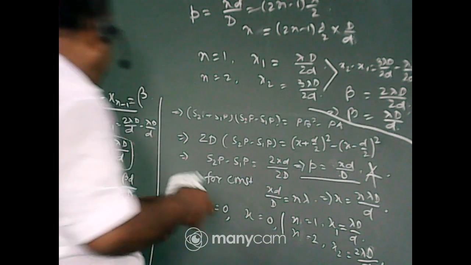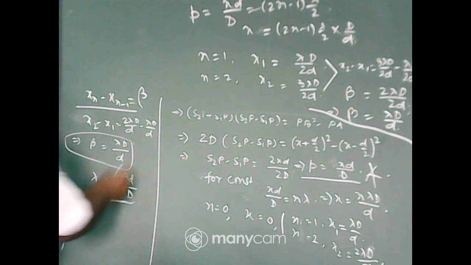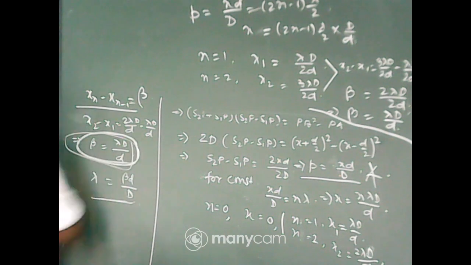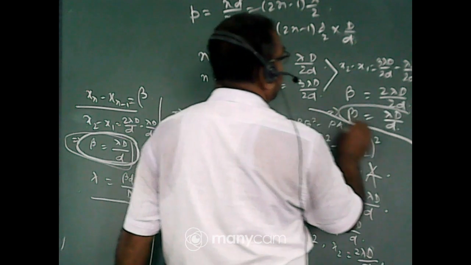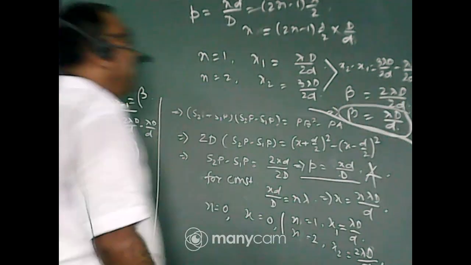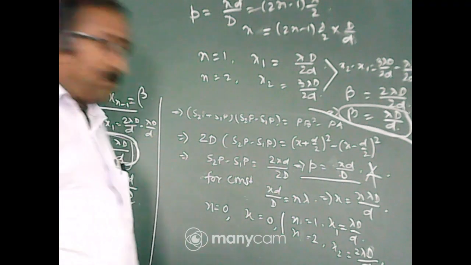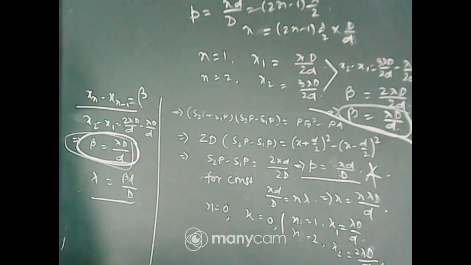You check here, my dear student, lambda capital D by small letter d for the successive bright fringe, and for the successive dark fringe the beta will be lambda D by small letter d. Both are same. So you verify it.